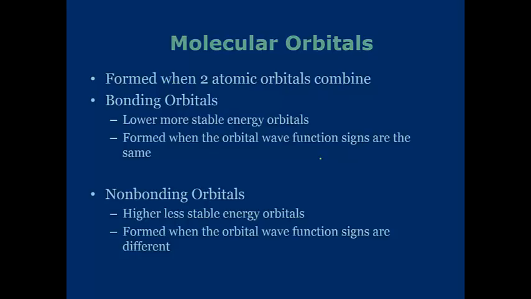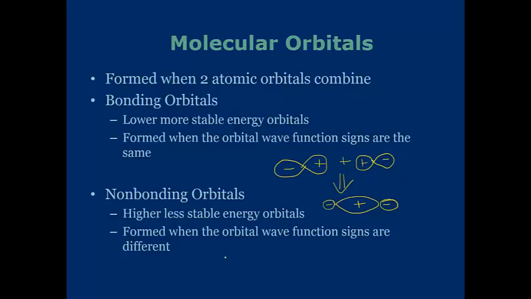So if I were to have an overlap like so, this would create a more general overlap. These are more stable since they have lower energy, and it's going to create a bond between 2 atoms.